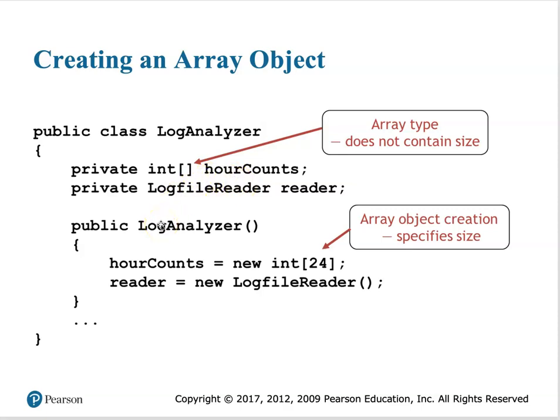Inside of the constructor, we actually tell that array how much space we need to store that information. So our hour counts variable equals a new object, so we still use the new statement, and it is integer, square bracket. We're going to hold 24 integers in that array, close square bracket, semicolon.